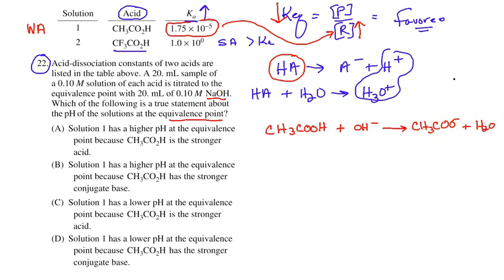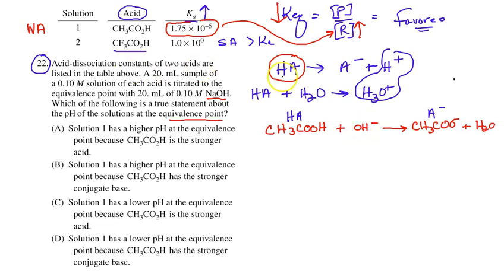Okay, so this is my conjugate base. There's my A negative, and there's my HA. Okay, now, what do we know? Well, at equivalence point, I added equal amounts of these guys. All right, so if I add equal amounts at the equivalence point, both of these guys no longer exist.